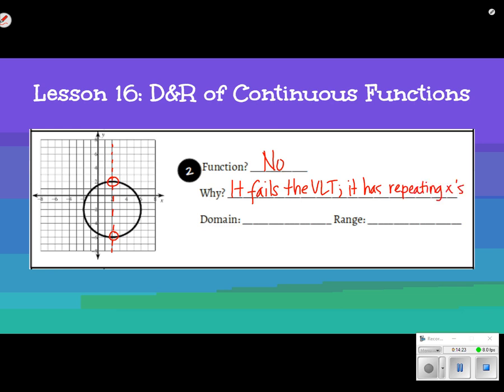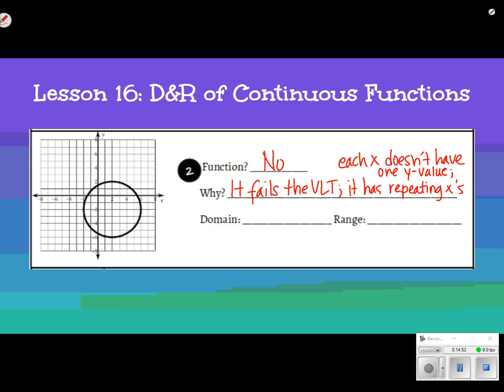You could say each x doesn't have one y value. Okay, you have lots of options, but you need to be able to say one of them to me and be able to write it in a sentence. Hint, hint, hint. Just saying. None of this choose from a selection. You may have to write a sentence.